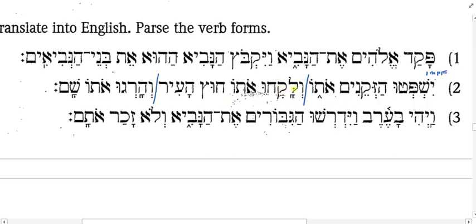Following it, I have a vav with no prefix, just roots 1, 2, and 3, and a shurik at the end. So that looks like a perfect verb, doesn't it? There's no nutty prefix here. But I've got a vav with it, and it's following an imperfect. So most likely I'm dealing with a WCP. Okay? And then this last verb is the same thing. I've got a shurik at the end.